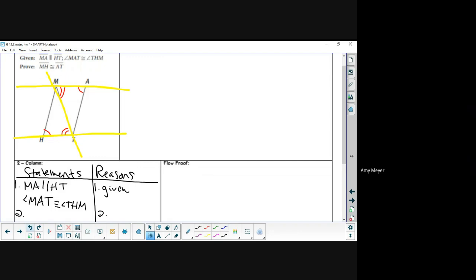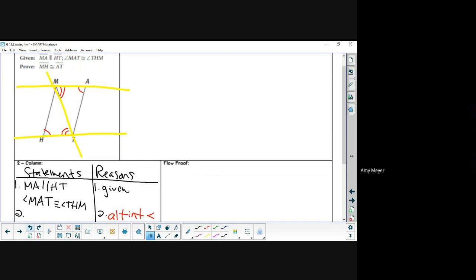Think to yourself what kind of angles those are. This is the inside. One is on the right of the transversal, one is on the left. So they're alternate interior. Let's write the words first. Alternate interior angle. Can I call this angle down here angle T?